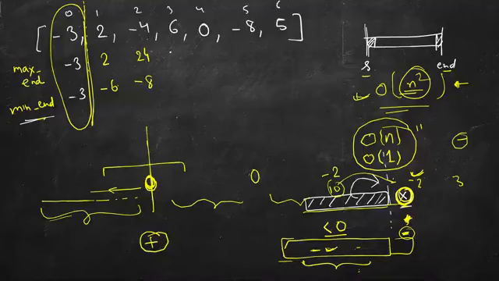And then max will be 24 multiplied by 6. What is this 24 signifying? This -6 is signifying take these two, and this 24 is signifying whether you take just this, or these two, or these three.